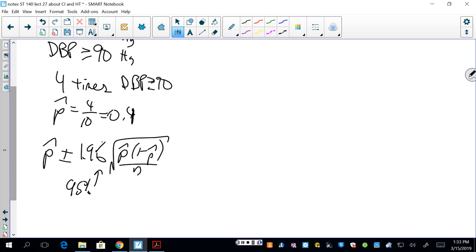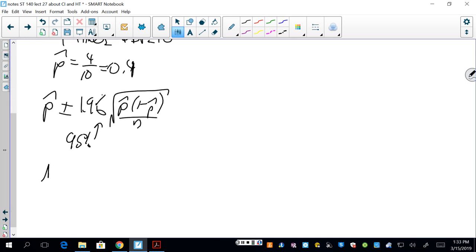But anyway, this is a pretty small sample size to really be using the normal approximation. The book actually gives some things called exact methods that look at binomial probabilities and figure out the lowest probability that could reasonably have produced 0.4, or the highest probability that could reasonably have produced 4 out of 10.